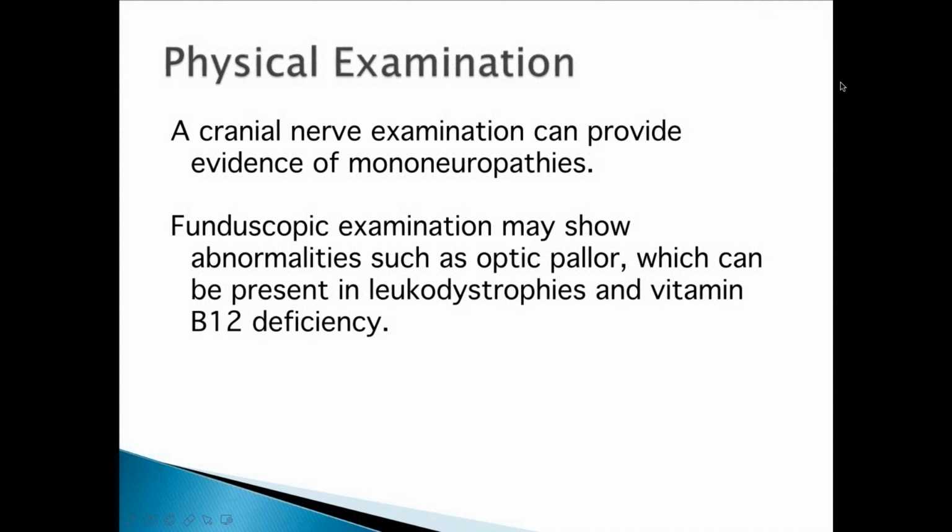Then you might go on to see. It is not expected that you know how, but at least the answer should be with you that a fundoscopic examination might yield optic pallor, which might be present in vitamin B12 or again malignancy. So that is a clue over there in the eye. We'll go from head. You look at all the nerves.